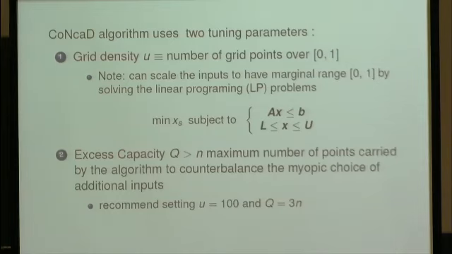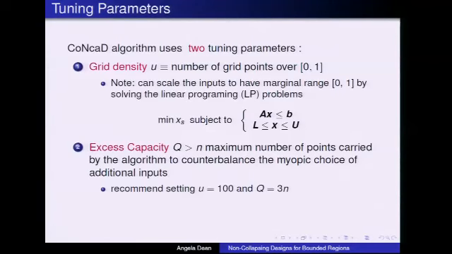So it gives you more flexibility if you're carrying more points than you need, and then right at the end you'll pick your best endpoints. So at the moment we're recommending grid of a size 100 and carry 3 times as many points as you want to end up with. We may change this one and make the grid size related to the number of points as well, but we haven't looked at that yet.